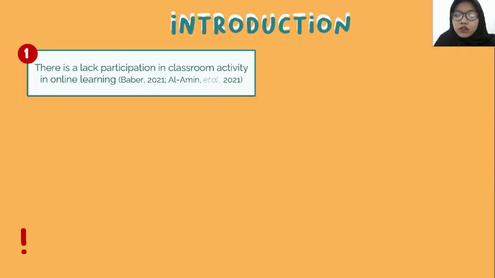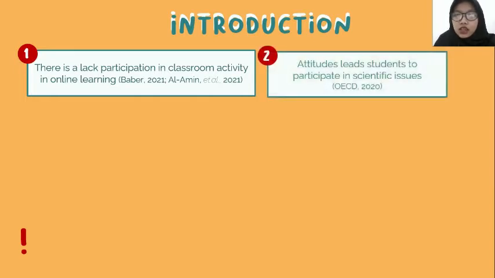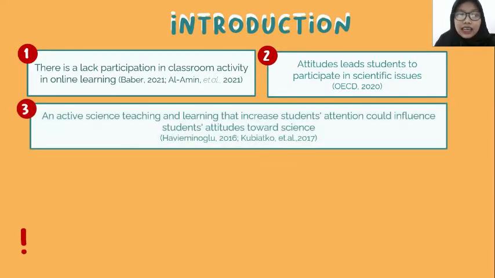Based on OECD, attitudes lead students to participate in scientific issues. So that's why attitude is important, especially in science teaching and learning. Based on previous study, an active science teaching and learning that increases students' attention could influence students' attitude towards science. This is based on Hevi Minoglu and Kubiatko.